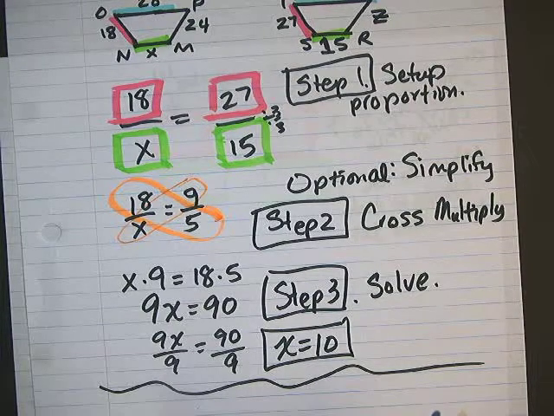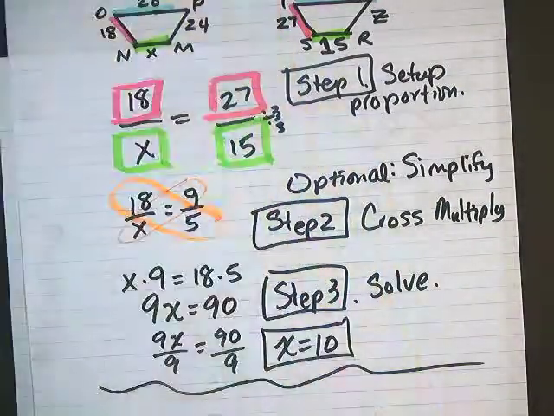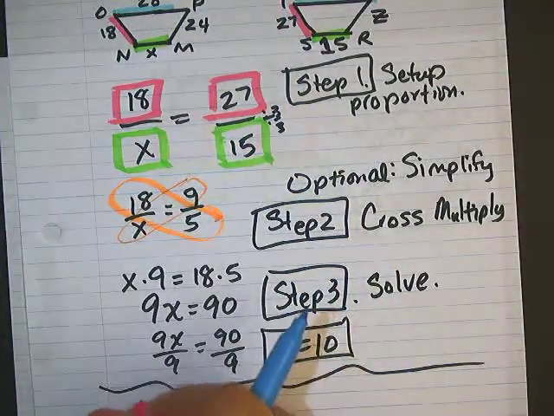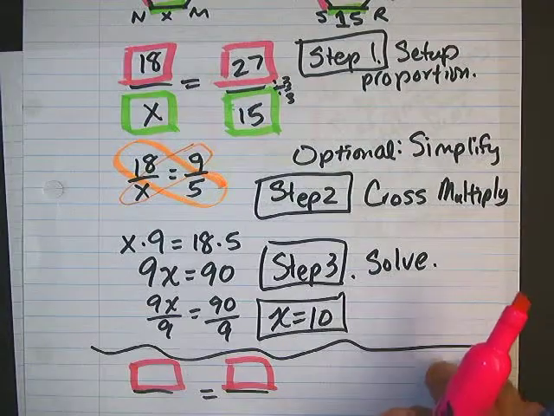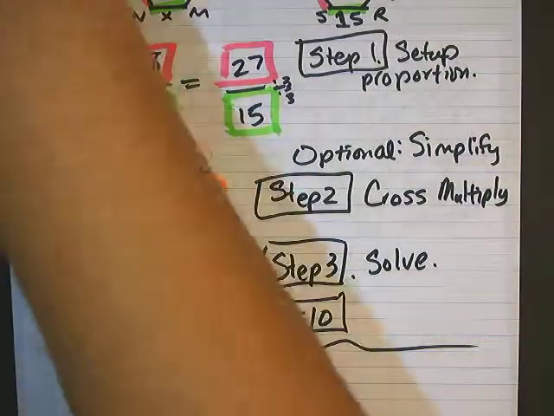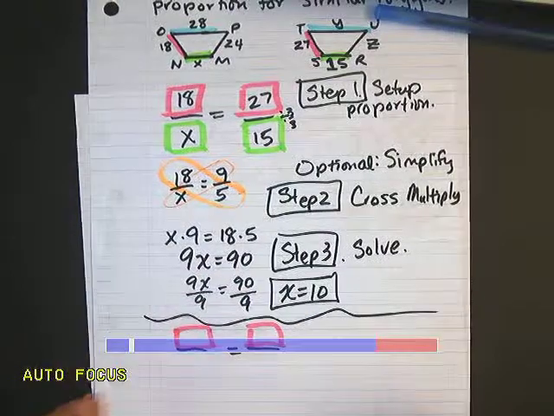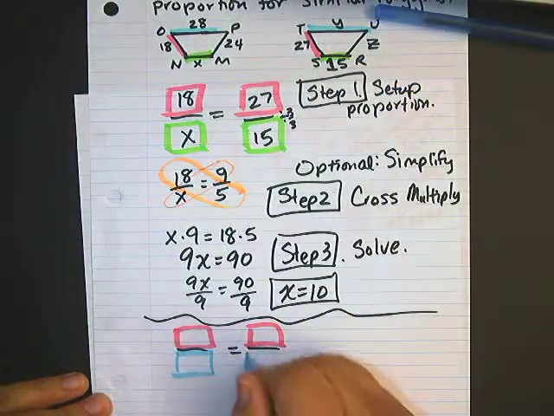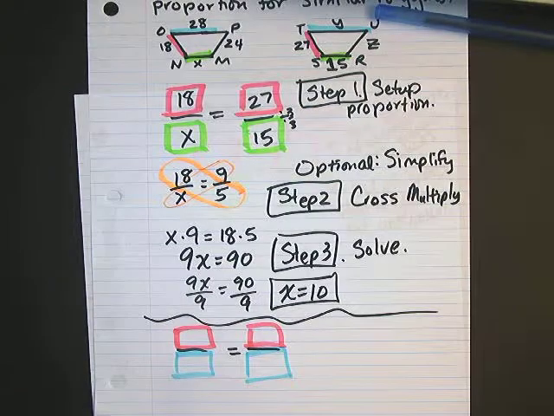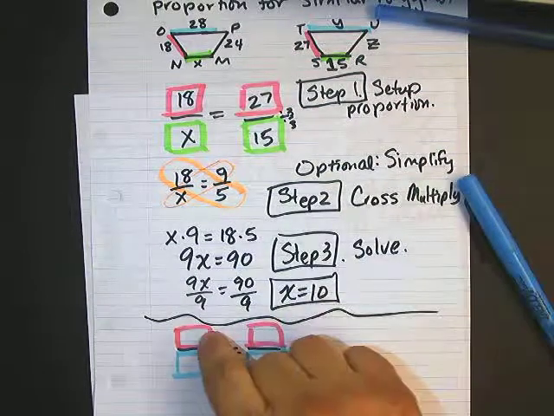So you can put the blue on top or bottom. We've already solved for x here. Just to keep it convenient for my students, I always put the key set on top. In this case, pink. And that's why I say it should be your favorite color, because it's going to be in every proportion.